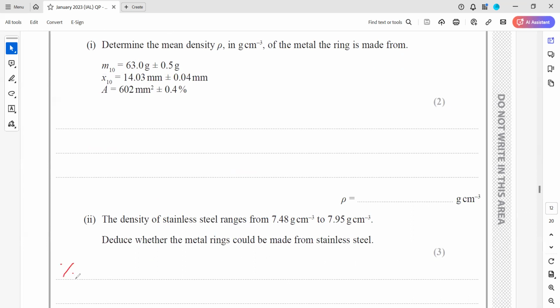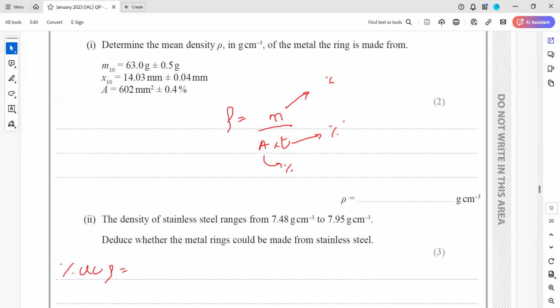If you want to work out the percentage uncertainty in the density, that is how density is calculated, mass divided by volume, or area times the thickness. So find the percentage uncertainty in mass, find the percentage uncertainty in area, and find the percentage uncertainty in thickness and add them, because uncertainties always add. And percentage uncertainties will add, as we said.